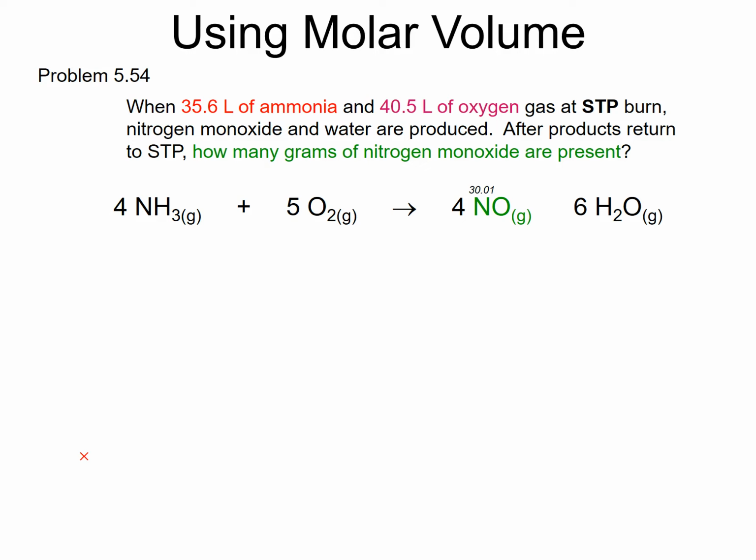We know that this is a problem that's been stated under conditions of STP. So let's put the information from the problem where it belongs in the balanced chemical reaction. STP, remember, is 1 atmosphere's pressure, temperature 0 degrees Celsius, and we have 35.6 liters of ammonia and 40.5 liters of oxygen gas.